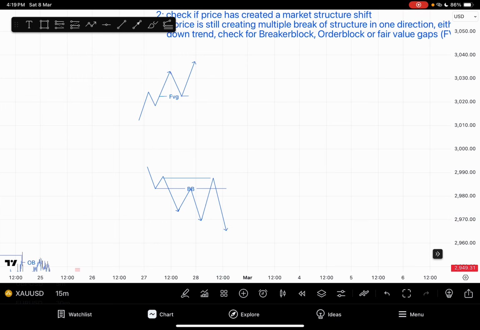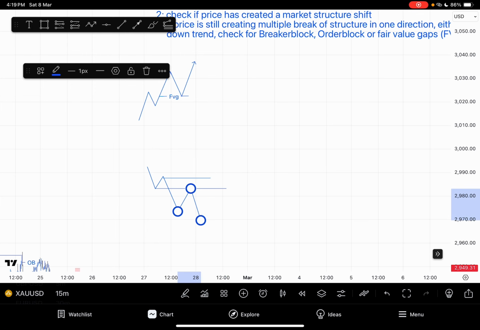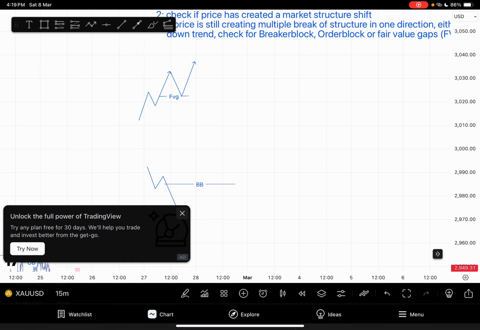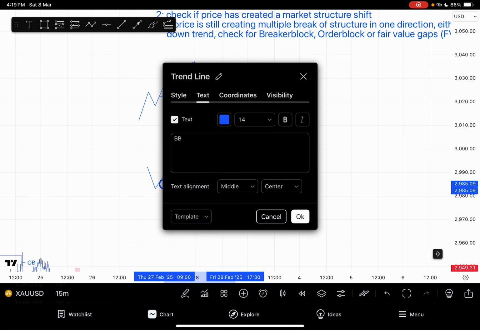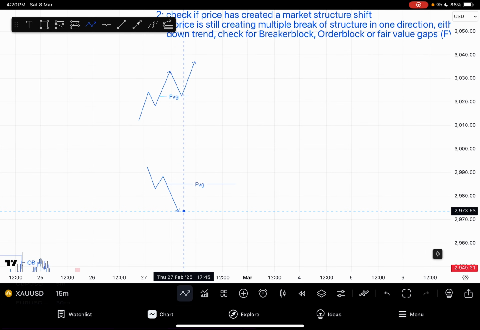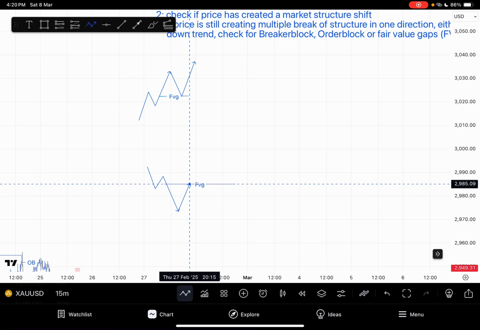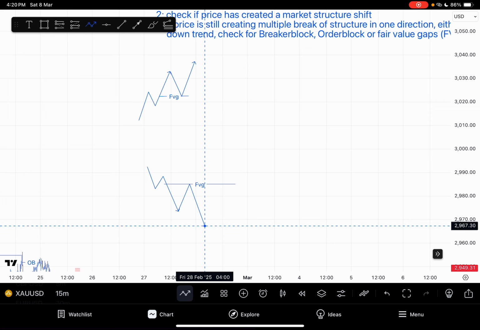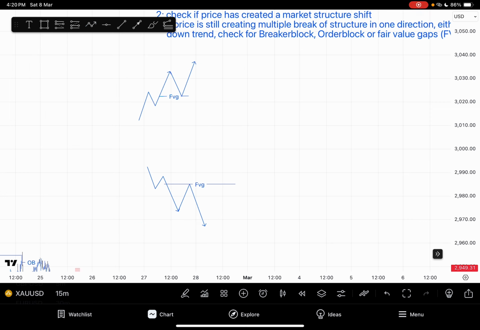In some cases where there's no breaker block and no order block, but there's a fair value gap here, price will just come for the fair value gap, then distribute to the downside just for it to continue that particular trend. So this is how you can always get a setup when you open the chart and you see price is creating breaks of structure. You can always use this pattern to get your entries.